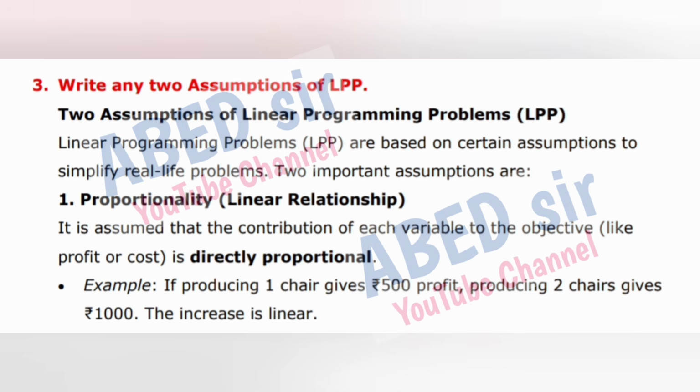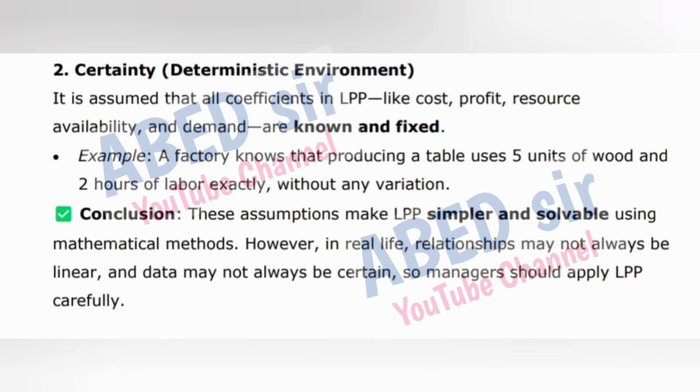The increase is linear. 2. Certainty, deterministic environment. It is assumed that all coefficients in LPP like cost, profit, resource availability, and demand are known and fixed. Example: a factory knows that producing a table uses 5 units of wood and 2 hours of labor exactly, without any variation.